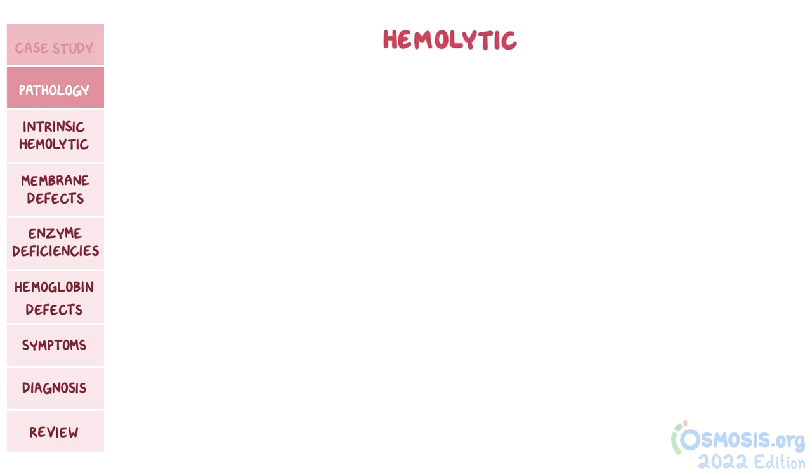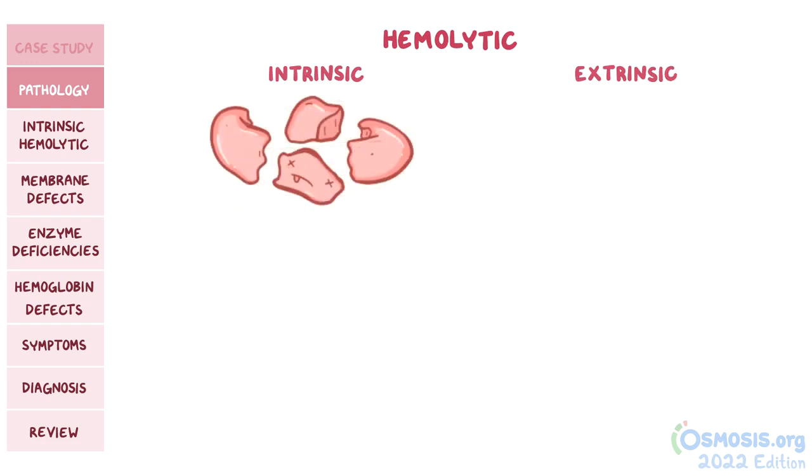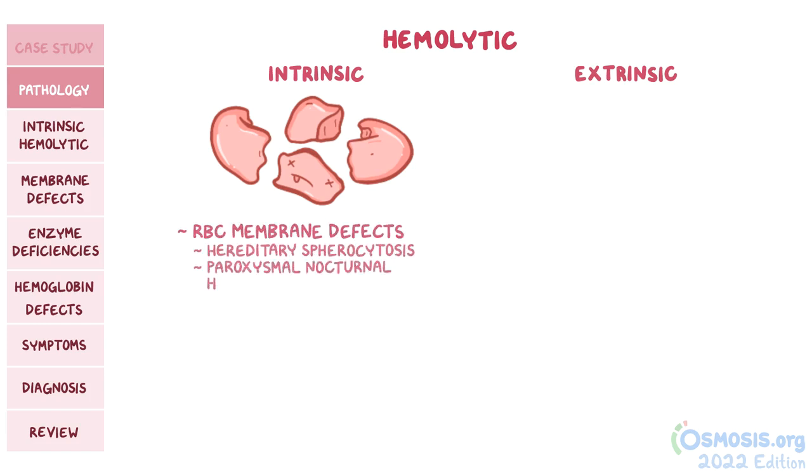Alright. Now, hemolytic anemias can be classified as intrinsic and extrinsic hemolytic anemias. In intrinsic hemolytic anemias, the RBCs are destroyed due to RBC membrane defects, like in hereditary spherocytosis and paroxysmal nocturnal hemoglobinuria, or PNH.